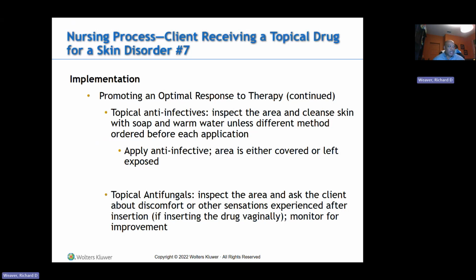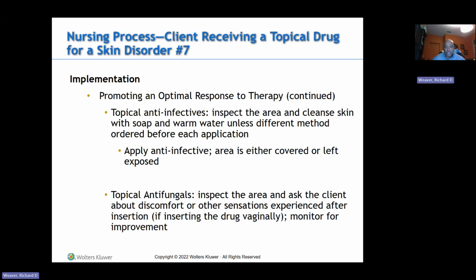Right. Now, your topical antifungals, we want to inspect the area and ask the patient about discomfort and other sensations experienced after, for example, inserting these drugs vaginally. And of course, we want to monitor for improvement. Right.